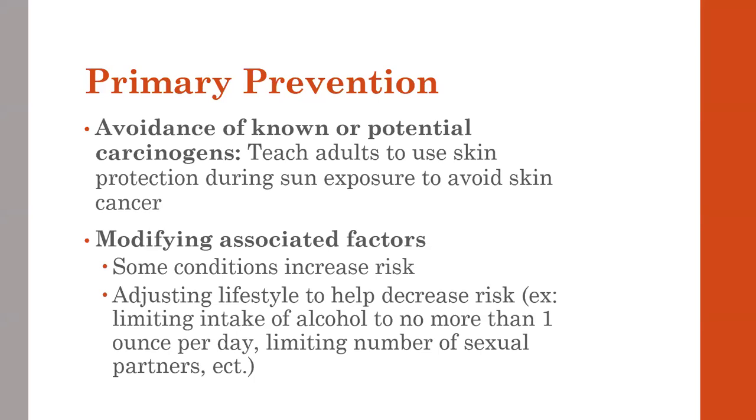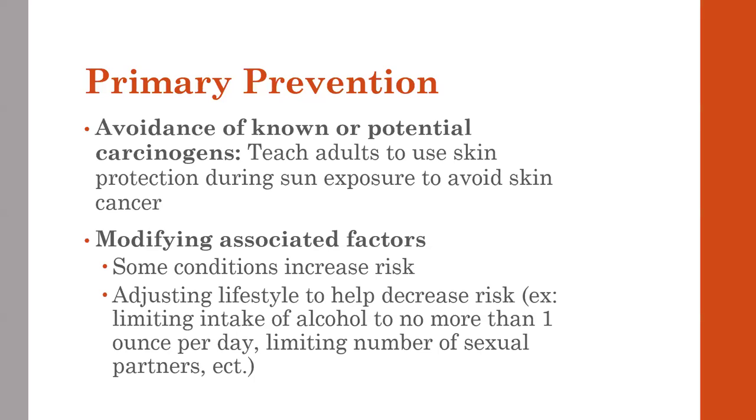So, how do we do that? For skin cancer, we tell people to use skin protection. For lung cancer, we tell people to stop smoking. We adjust the lifestyle to decrease the risk factors. We can remove things that could potentially turn into cancer, such as moles.